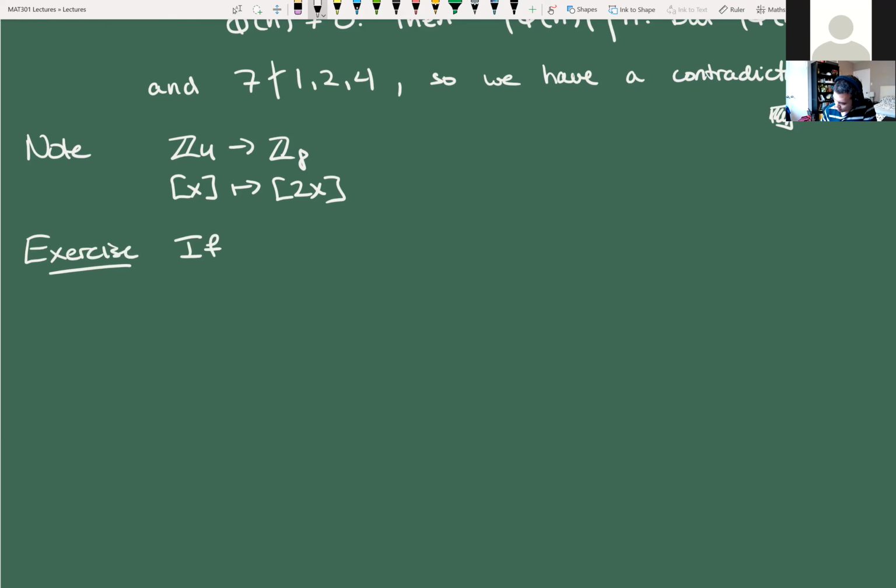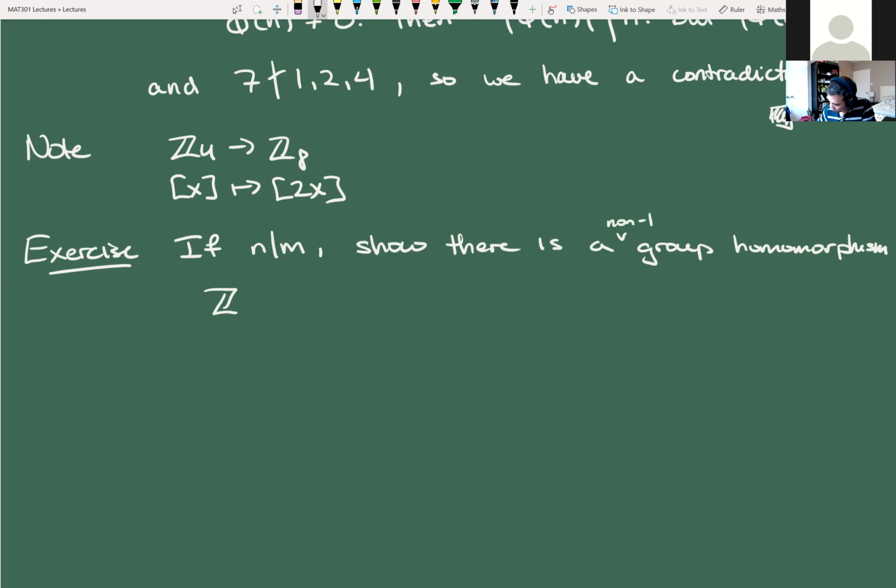If n divides m, show there's a non-trivial group homomorphism from Zn to Zm. Okay.